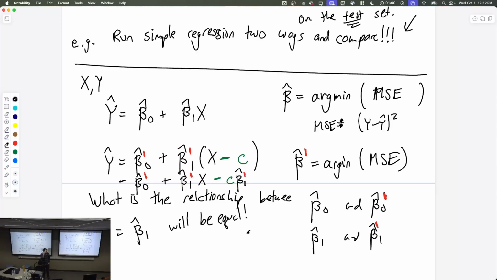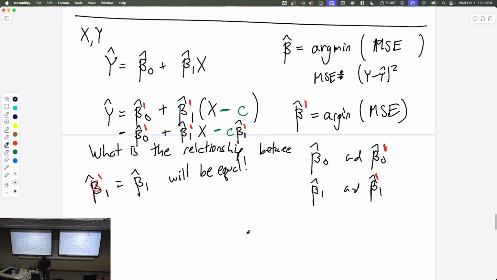Okay, what about the intercept, the beta hat 0? Well, that's not the same. They're different. So if you put in a beta hat 0 over here, and you put in the beta hat 0 over here, you put in 7 for both, you're going to get 2 different answers, right? But what you can do is notice that this term plus this term together can combine to give that term.